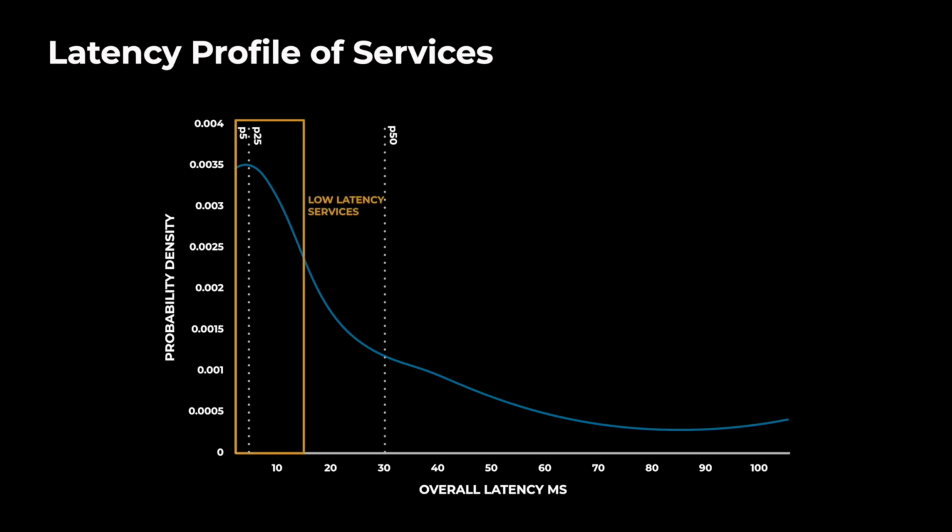As we can see from this diagram, many services at Meta are actually running at low latency, with average latencies of under 15 milliseconds. For these services, doing load polling can be prohibitively expensive, as the extra overhead that it requires can make it not worthwhile to actually serve those requests.